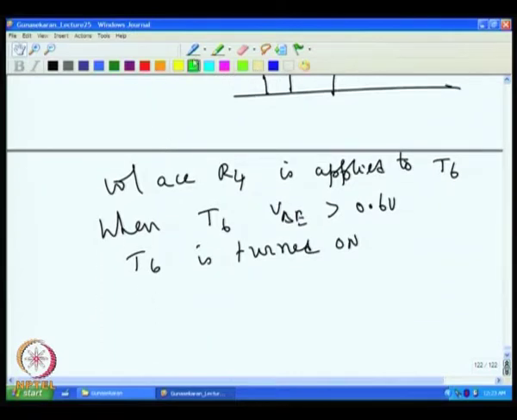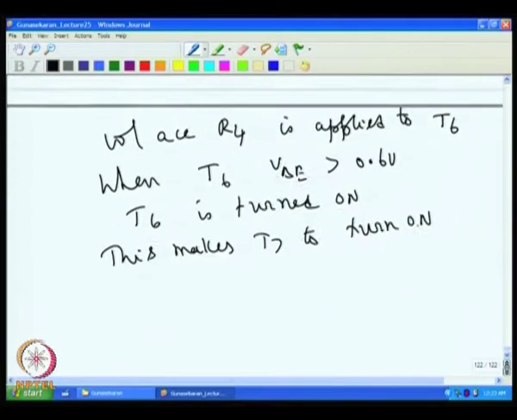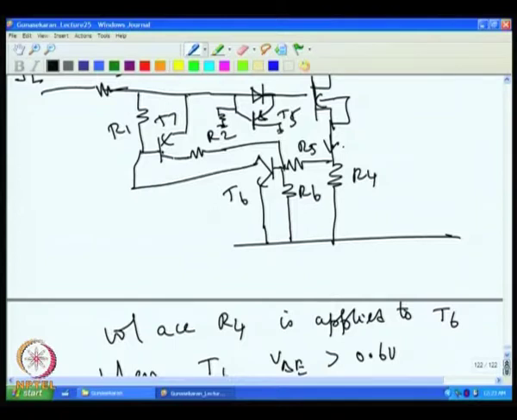This makes T7 turn on. Then once T7 turns on, T6 gets latched.